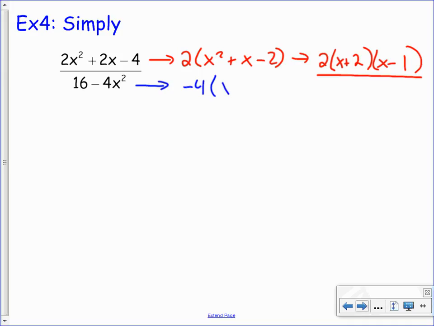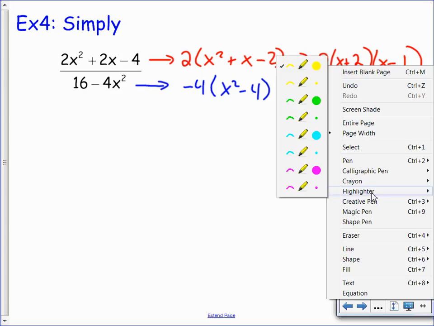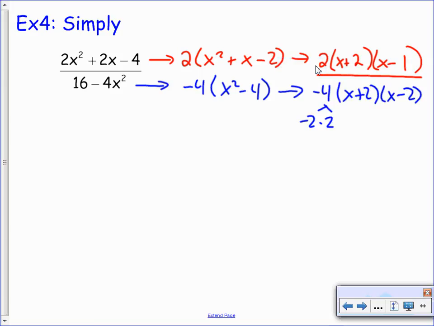Then you're going to have x squared minus 4, which becomes negative 4 and then x minus 2 times x plus 2. Highlighter, highlighter. Here we go.